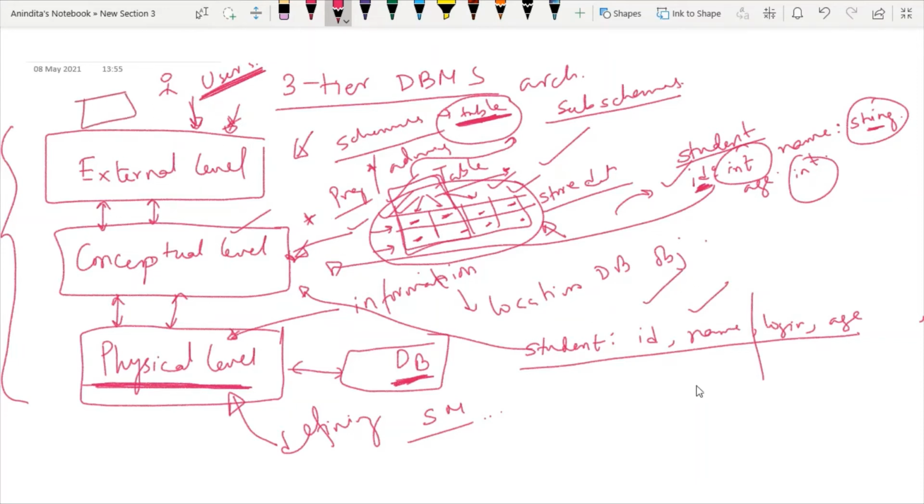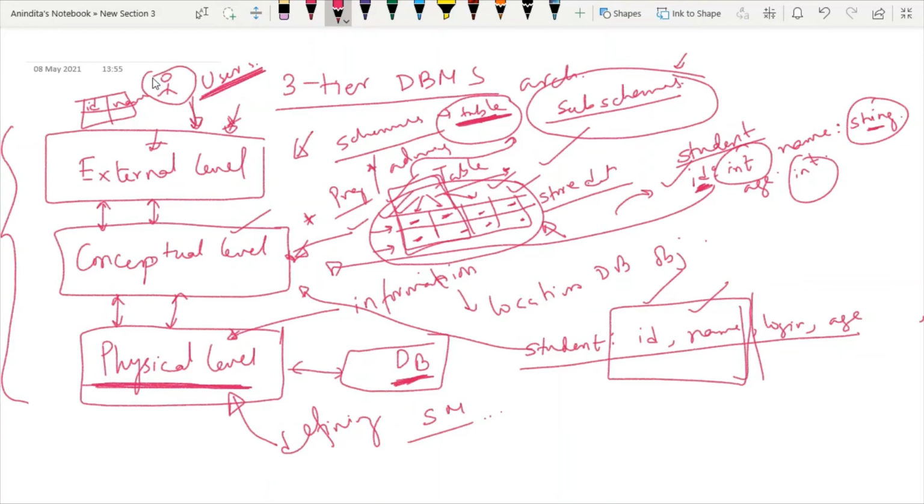It will show the partial information of this table to the user, that is the ID or the name. My point is the external level will only show the sub schema in which your user is interested. It will never show the entire schema that exists in the conceptual level.